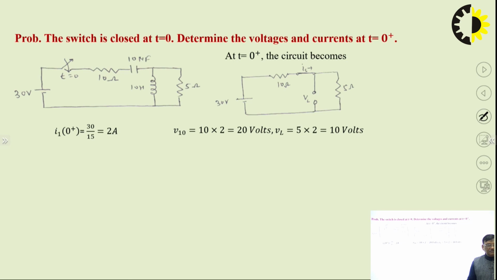VL is 5 into 2, so 10 volt, because the inductor voltage will be the voltage across this 5 ohm; the current through it is 2 ampere, so 2 into 5 is 10 volt. So, VL is 10 volt and V10 is 20 volt.